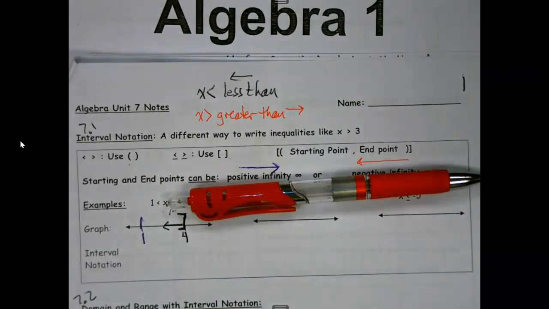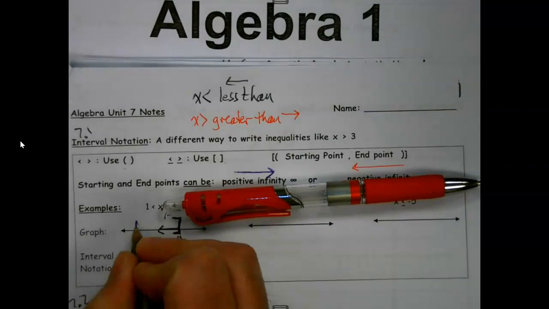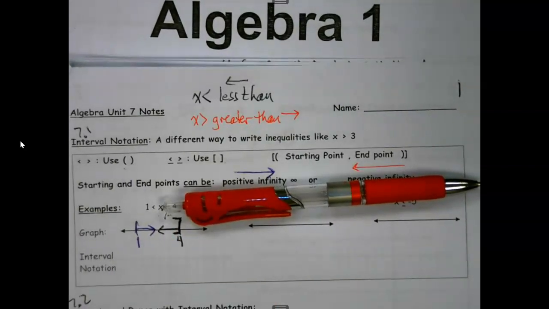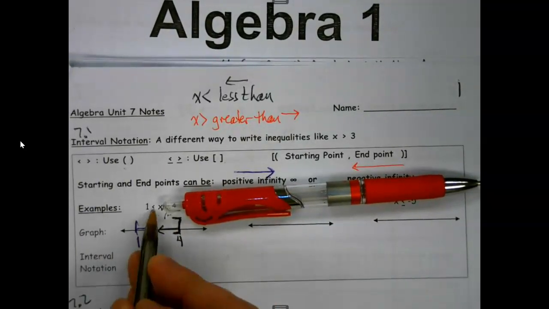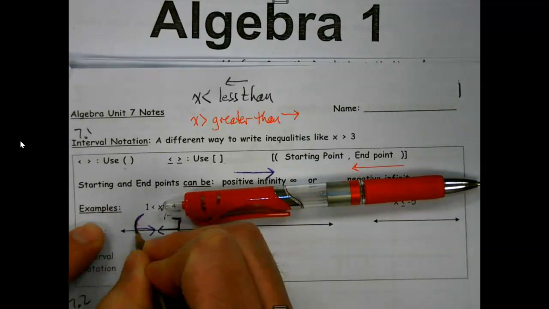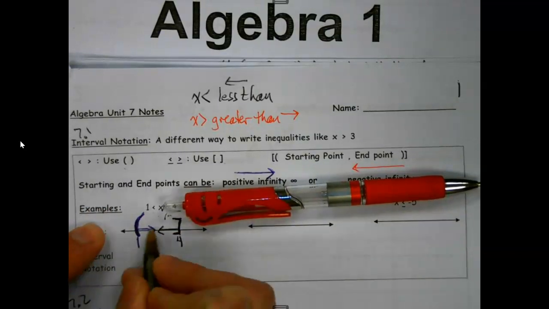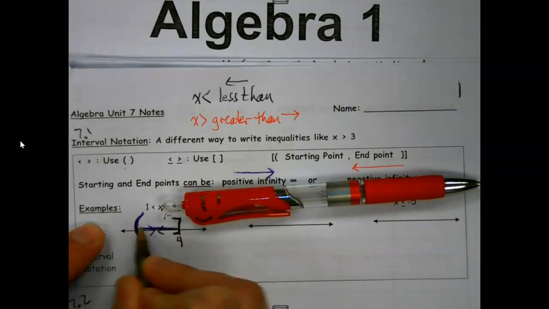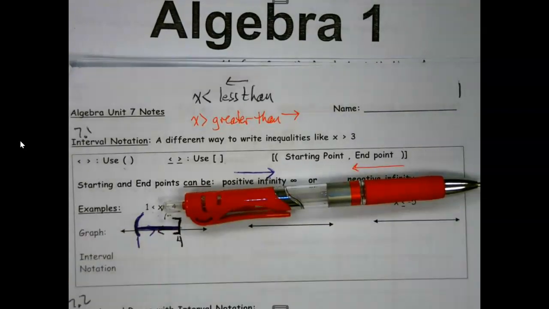Well, no, I'm not, because the arrow is eating X. When the arrow eats X, that's greater than. It means we're going to be going to the right. But since there's no line underneath the arrow, I use a parenthesis for that. And I notice my two arrows are going to crash here in the middle.